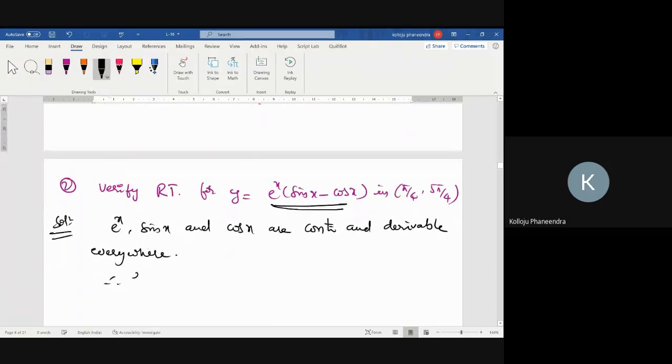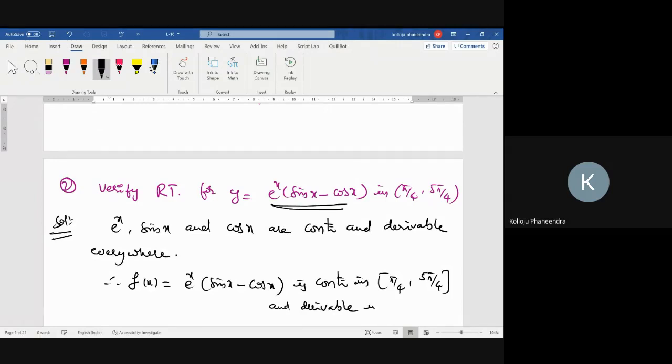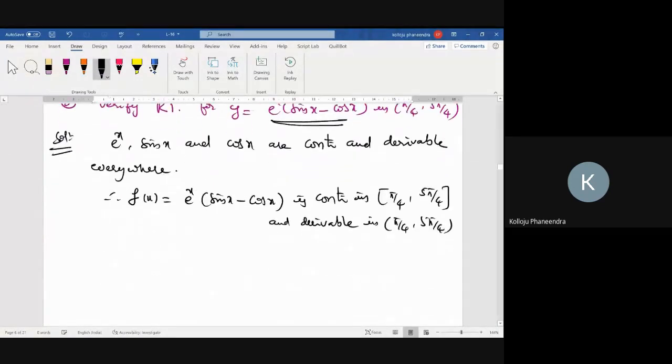Therefore, f of x equal to e power x into (sin x minus cos x) is continuous in closed pi by 4 to 5 pi by 4 and derivable in open pi by 4 to 5 pi by 4. So the first and second conditions are satisfied.